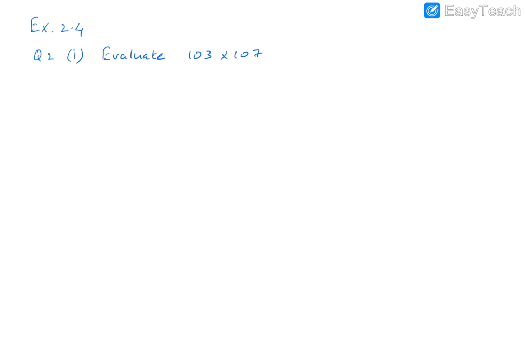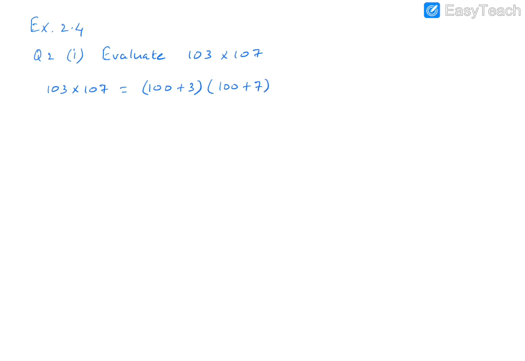Okay, so how can we use an algebraic identity to evaluate this? So we can write 103 into 107 as (100 plus 3) into (100 plus 7).